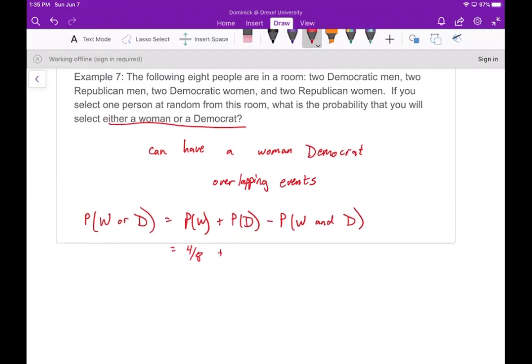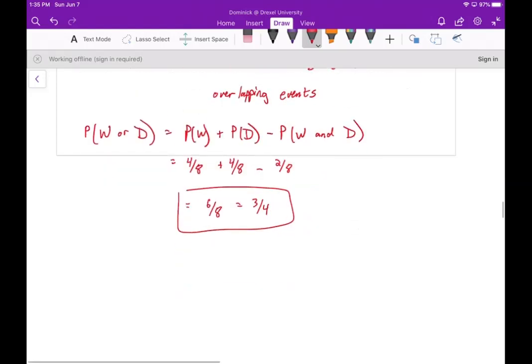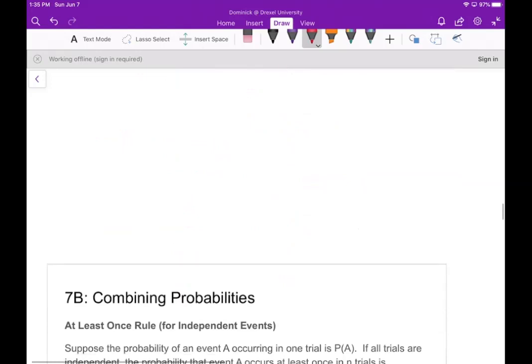Then the probability of getting a Democrat would also be 4 out of 8. But the probability that you select a woman and a Democrat would be this group right here, so we would subtract 2 out of 8. So it looks like we would get 6 out of 8, or 3 out of 4. Right, and that's the idea behind finding the probability of 2 overlapping events.